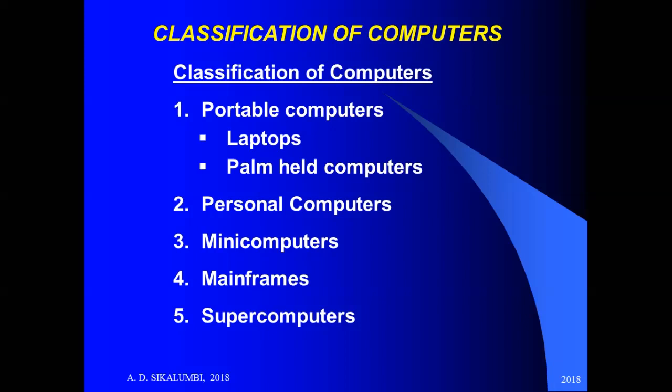Next classification of computers is personal computers. These are a little bit bigger, and a good example of a personal computer is the desktop. It always sits on some desk because you cannot afford putting it on your laps.